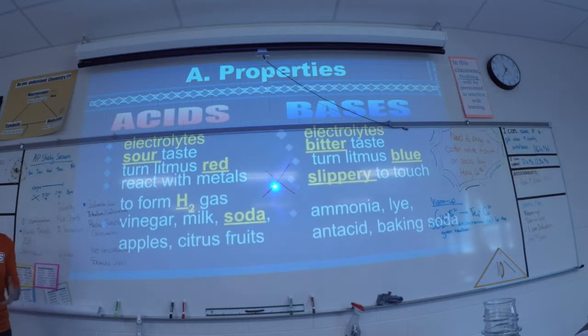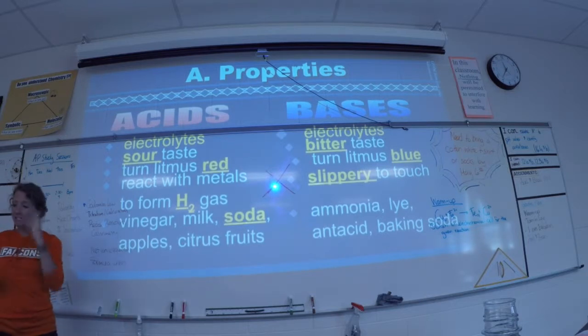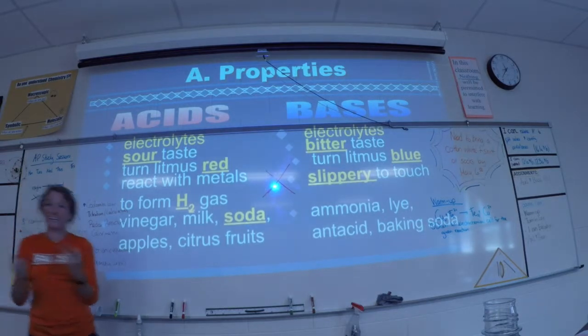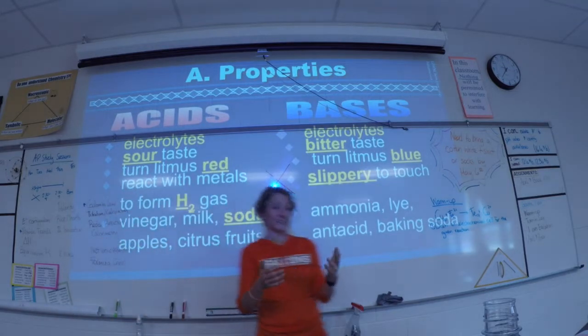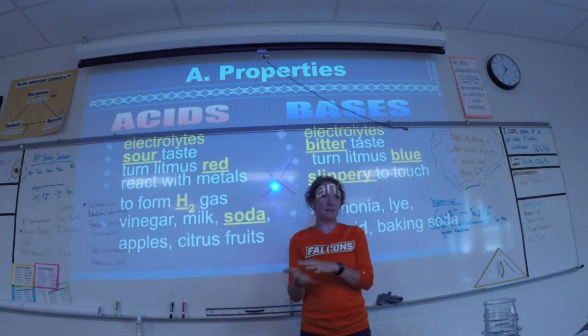Now with acids and bases, an interesting thing is a lot of students sometimes have the assumption that acids are more dangerous than bases. But they actually can both be extremely dangerous depending on their concentrations. They're dangerous in different ways in how they react with you, but if you spill acid on your skin, it will burn it quite badly.